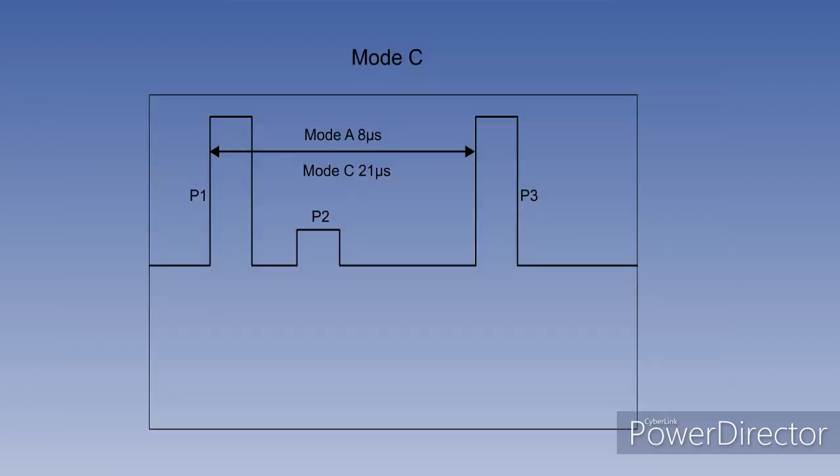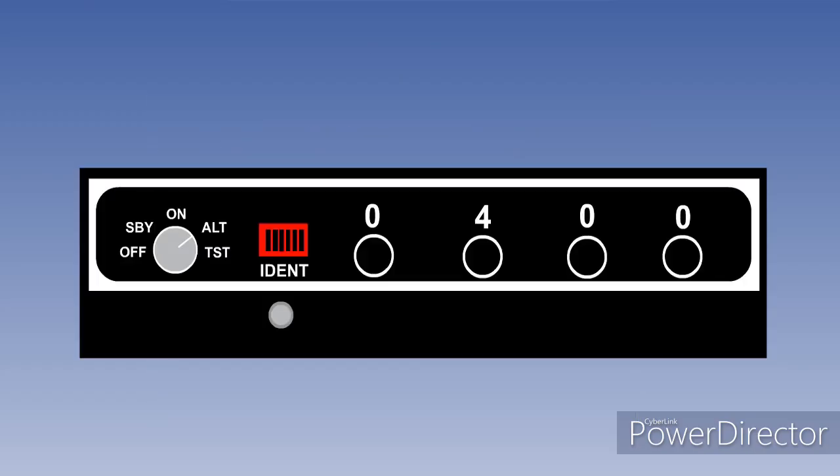To obtain the height of the aircraft, the ground station sends a Mode Charlie interrogation, which we have seen means that pulses P1 and P3 are 21 microseconds apart. To operate in Mode Charlie, the transponder must be set to Alt on the transponder function selector.